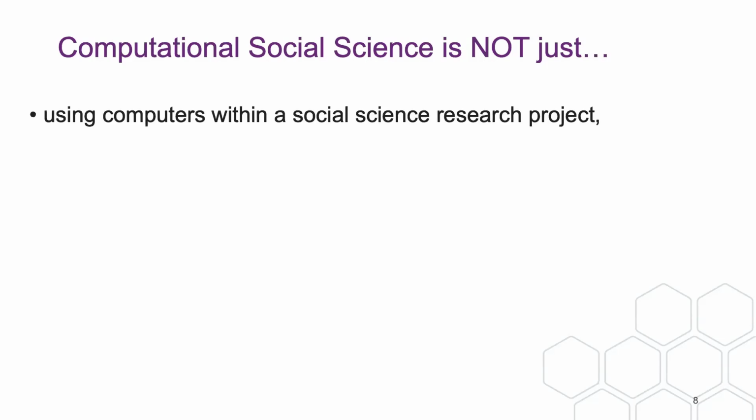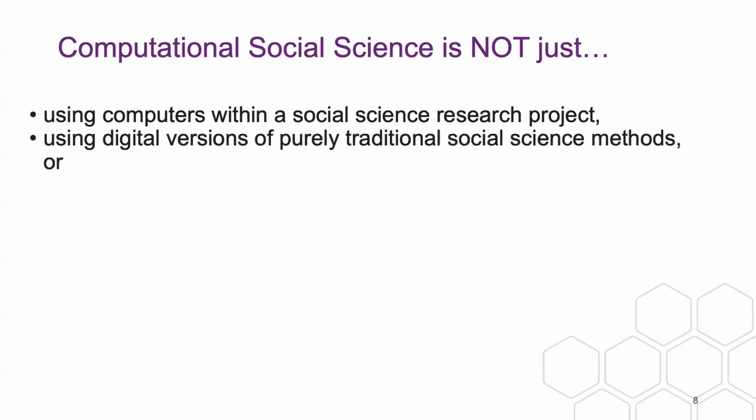Computational social science is not just using computers within a social science research project. I'm sure you've all sent an email, but that doesn't necessarily mean that you're doing computational social science. It's also not just using digital versions of purely traditional social science methods. So it's not just asking survey participants to complete an online form instead of handing one out.